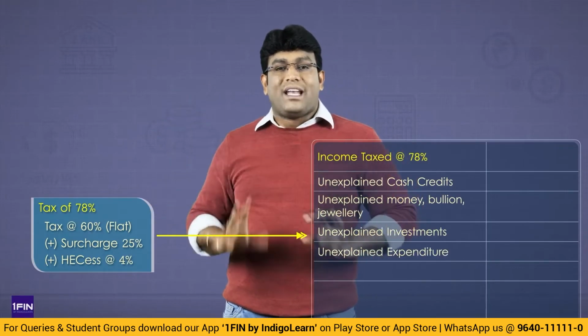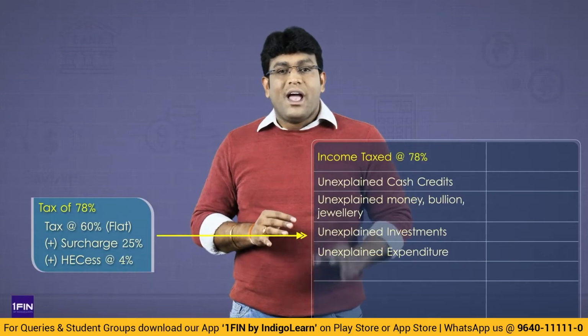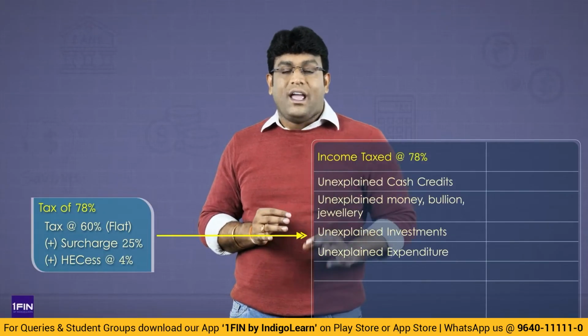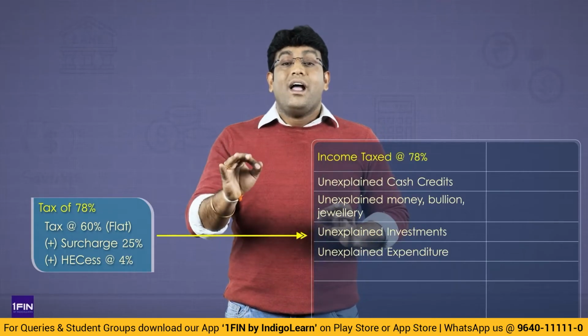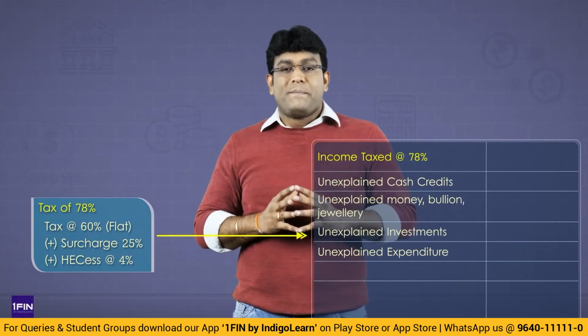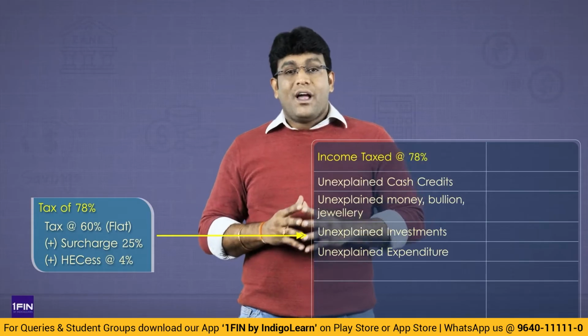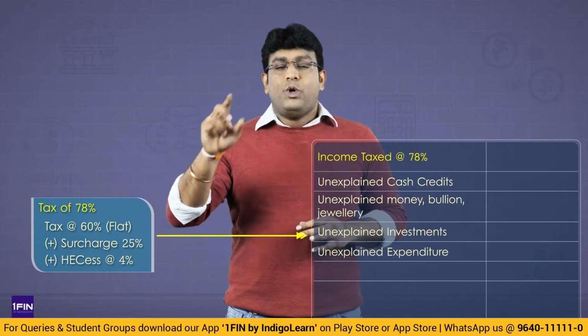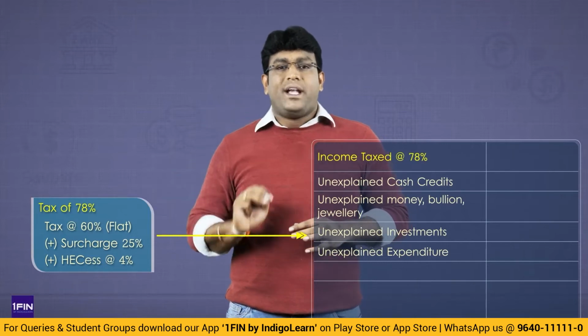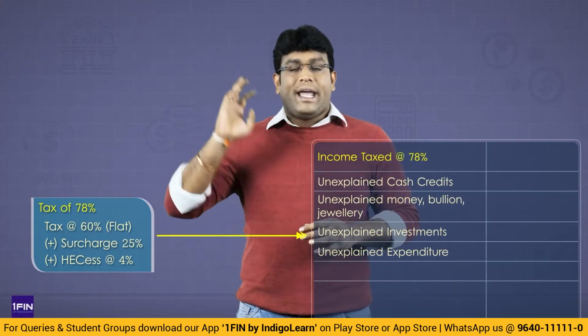He made a payment of 10 lakhs to somebody, incurred some expenditure. The assessing officer asks the assessee for what purpose he incurred it. He is not able to properly explain the reason for that expenditure. Unexplained expenditure. So what are the points we have done? Unexplained cash credits, unexplained money, bullion, gold, then unexplained investments, unexplained expenditure.